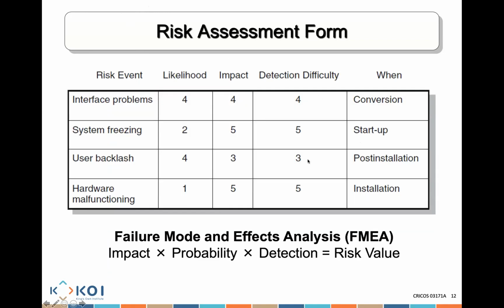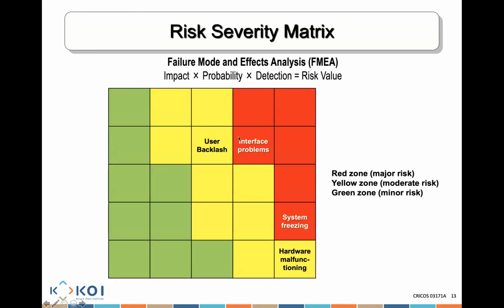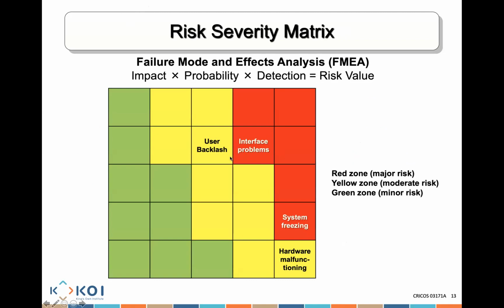Once you make those calculations, you start getting numbers, but you also start knowing which risks are in a red zone, which is a major risk, a big risk that we need to bear in mind, which ones are in the yellow, which is potentially not very big issues for us to deal with, and which ones are in the green zone, minor risk, not very big risk, that we need to try to bear in mind at any point of time.